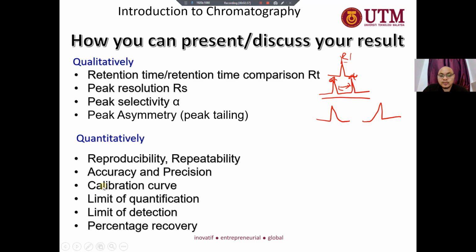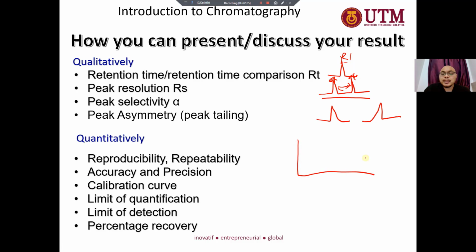In quantitative analysis, you also need to provide the calibration curve. From the calibration curve, you can determine limit of quantification, limit of detection, and percentage recovery. What is a calibration curve?